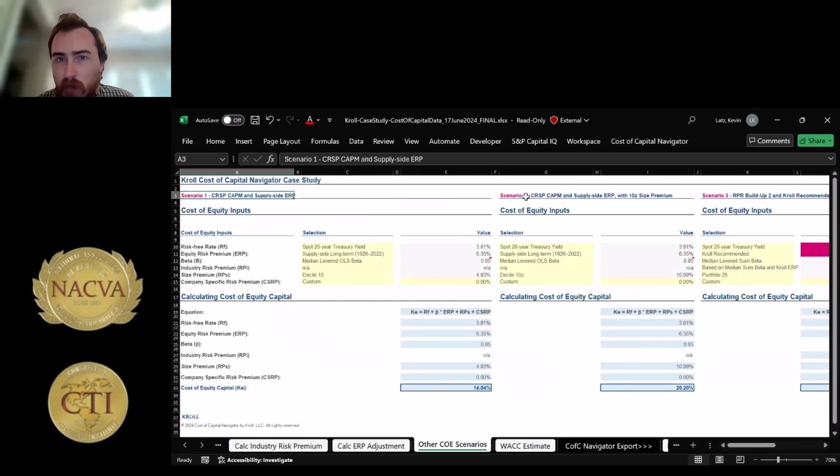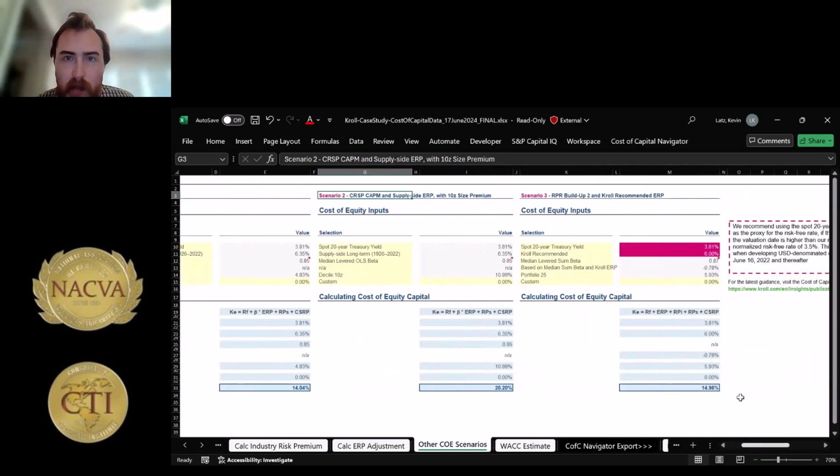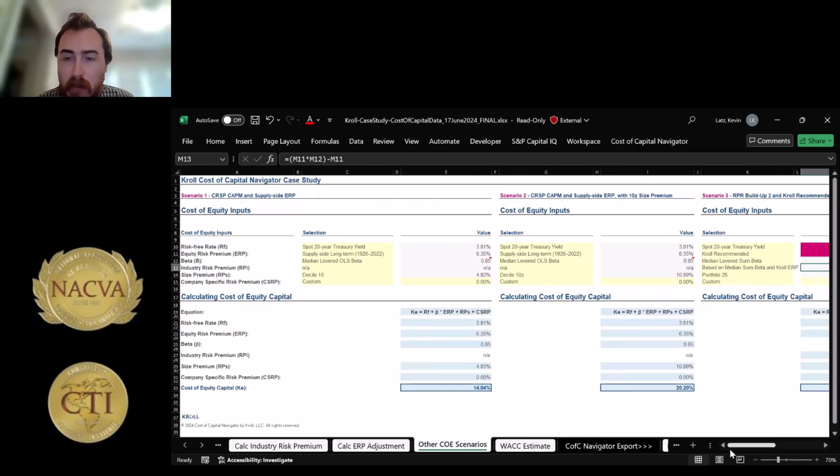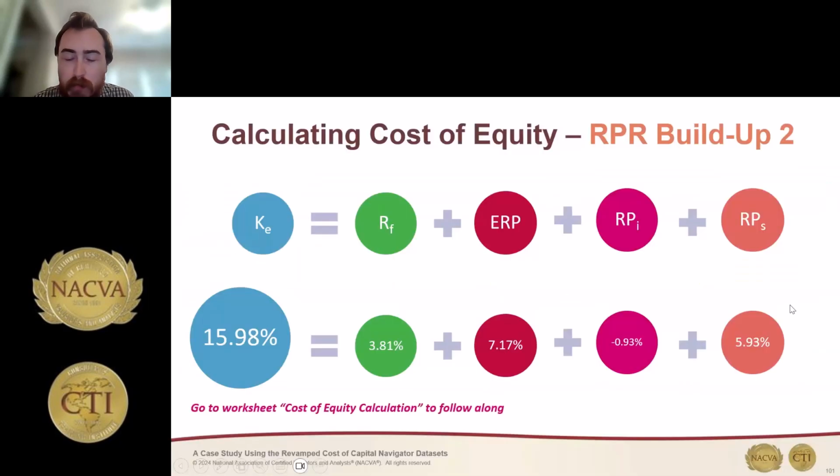Using a different equity risk premium, using the 10Z size premium, and then using the risk premium report, but with our recommended ERP instead of a historical ERP. And again, all these data points are linked up to the exports that we have in the Excel workbook. So lots of different ways you can calculate cost of equity using the inputs that we've provided.